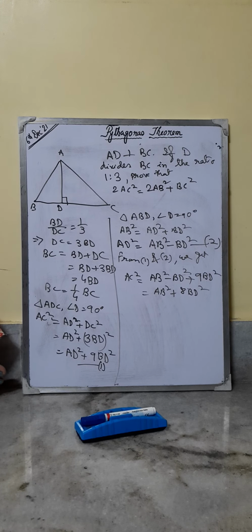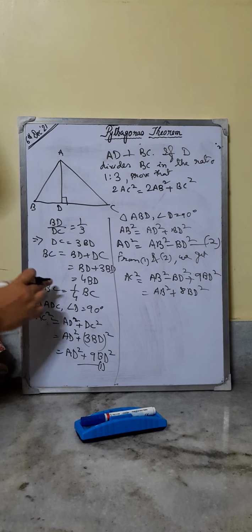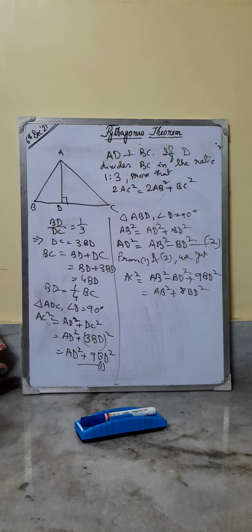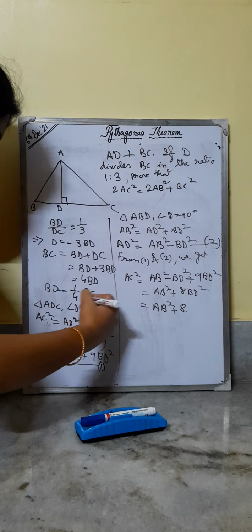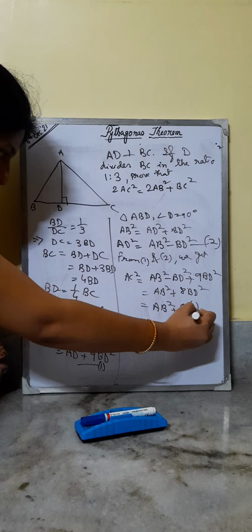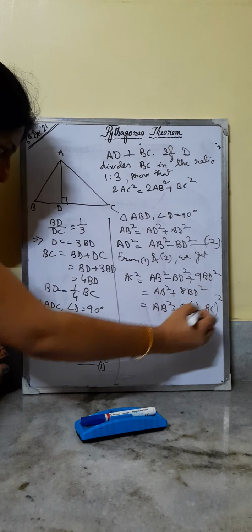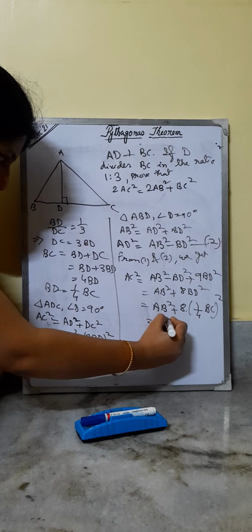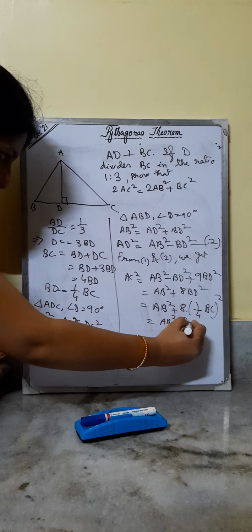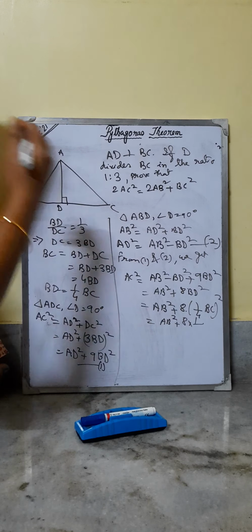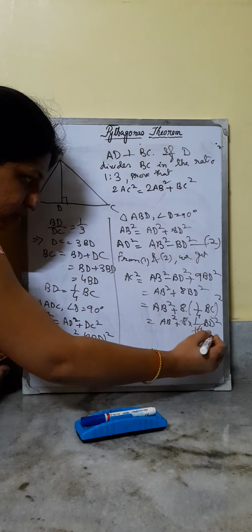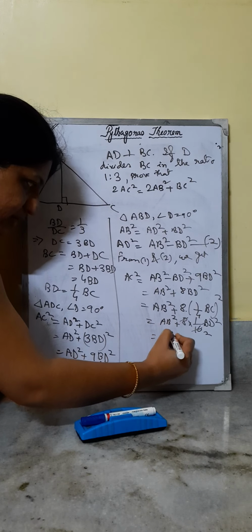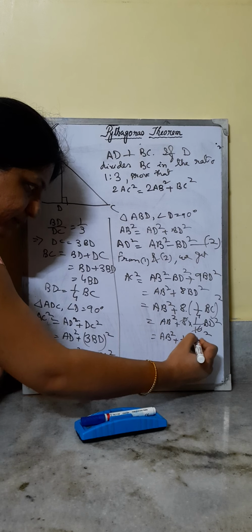Now, BD means 1 by 4 BC. So AB square plus 8, in place of BD we can write 1 by 4 BC whole square. So AB square plus 8 into 1 by 16 BC square, 8 twos are 16, so AB square plus 1 by 2 BC square.